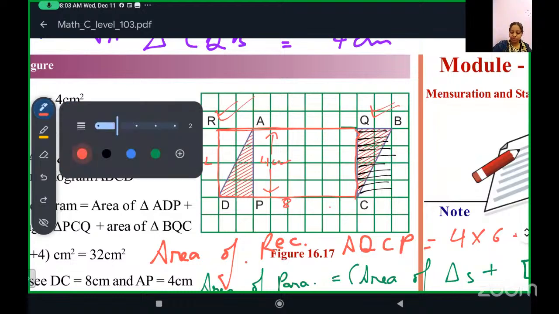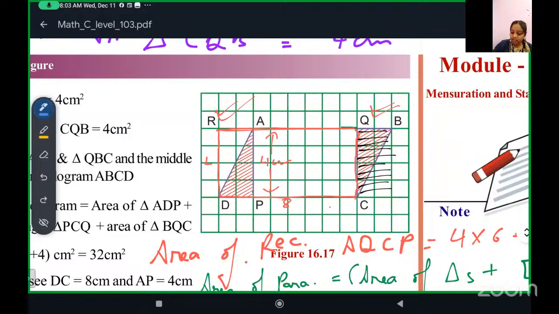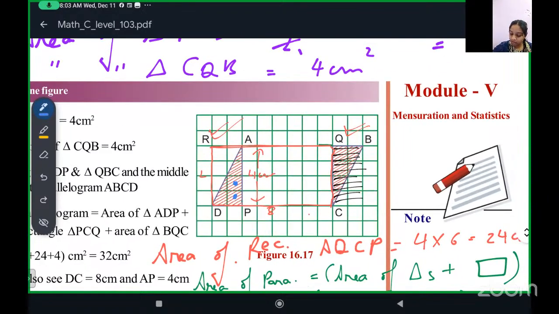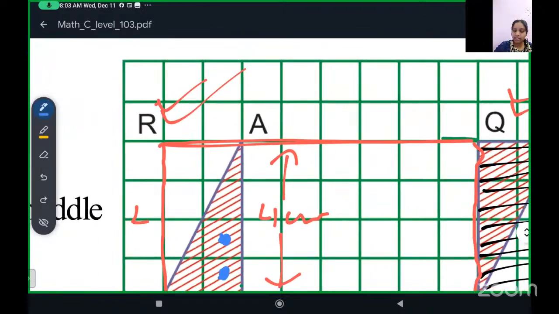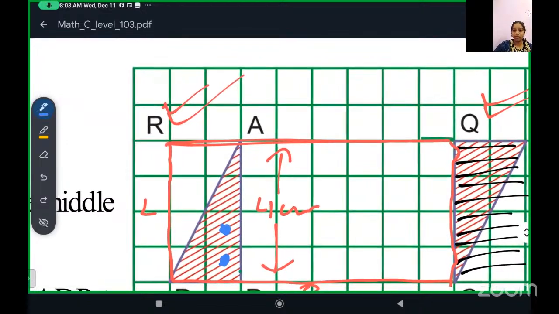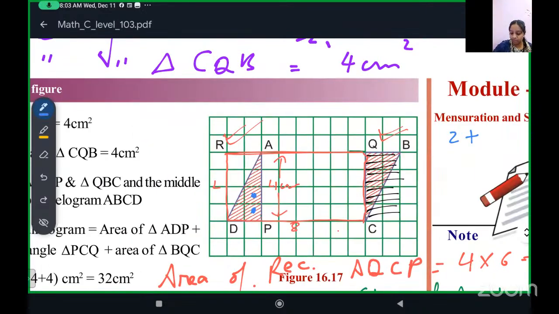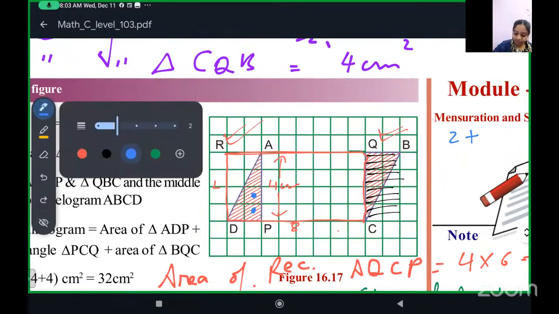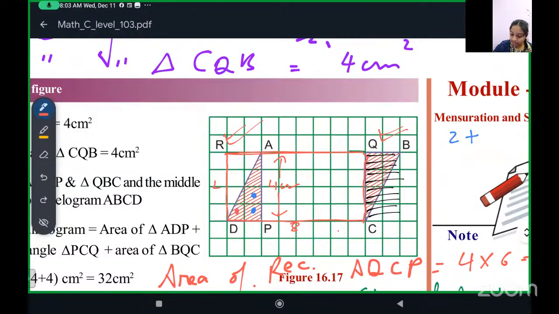So what Edric is trying to say is that two squares are complete, so 2 into 1, 2. Then two squares are more than half, this one and this one.